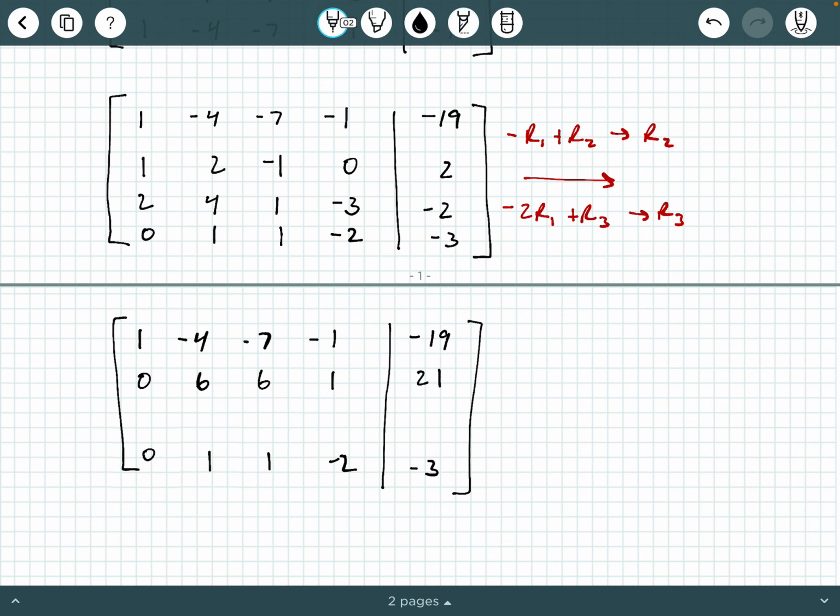Okay, and let's do the next operation here. Negative 2 row 1 plus row 3 to change row 3. So this will create a 0 entry here. Then we're going to have positive 8 plus 4 is a positive 12. And then positive 14 plus 1 is a positive 15.